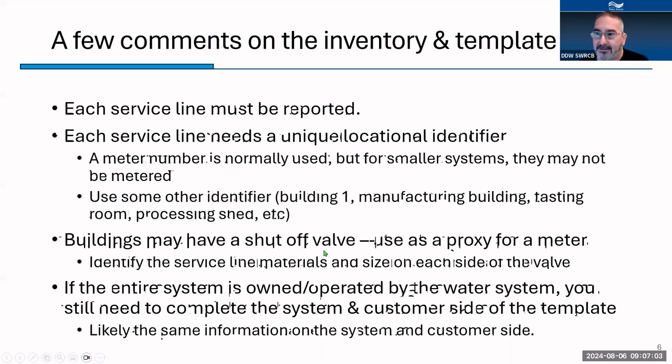Buildings may have a shutoff valve in place of a meter. If you have that situation, use the meter or the valve as a proxy. You would identify the materials up to that valve, and then what's on the other side. So use it like you would expect to use a meter.